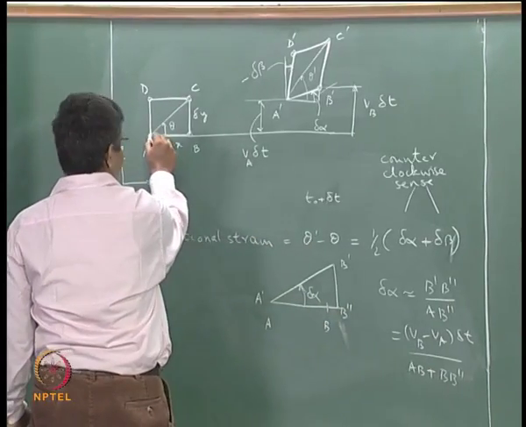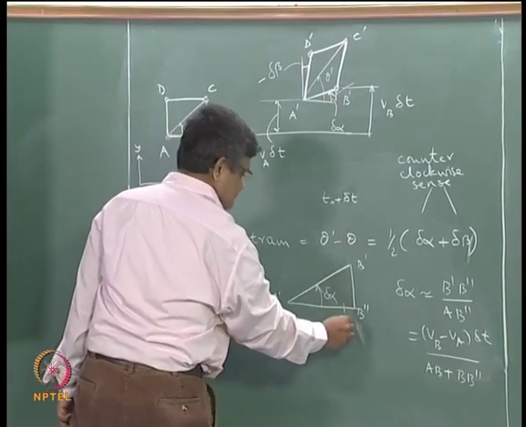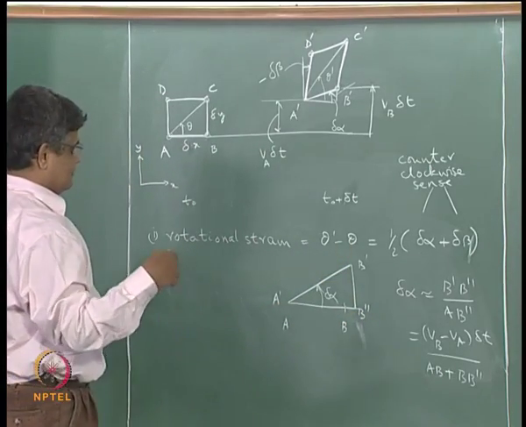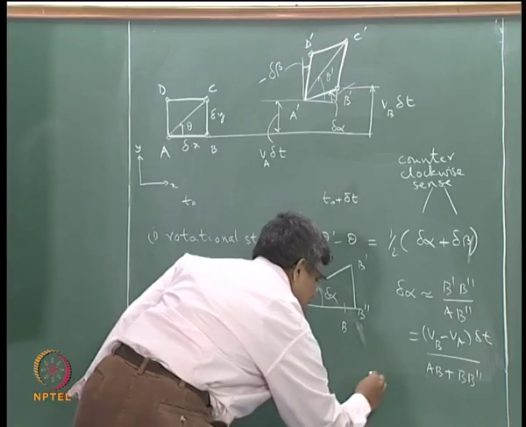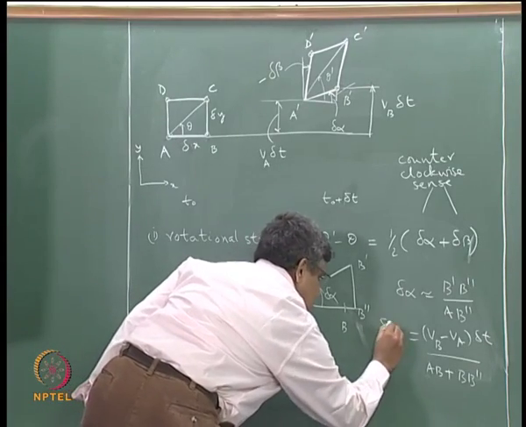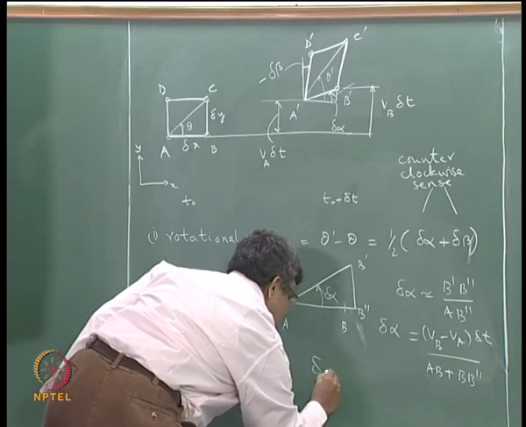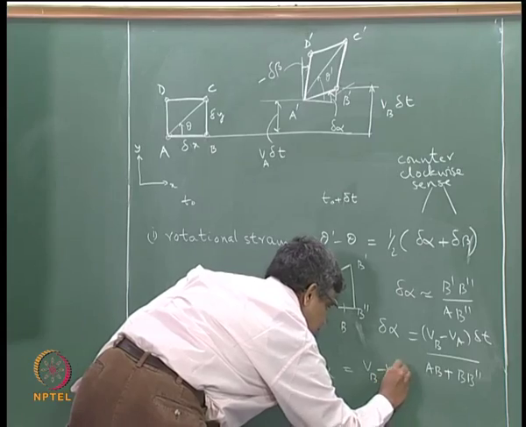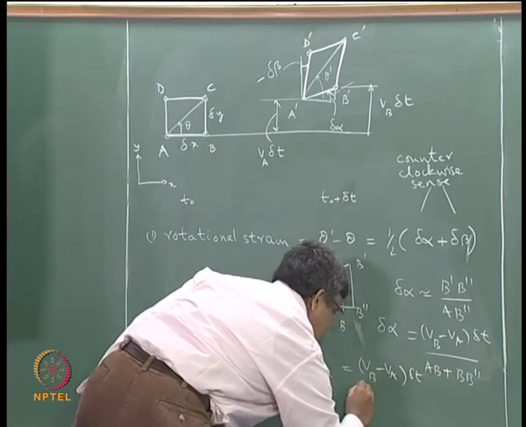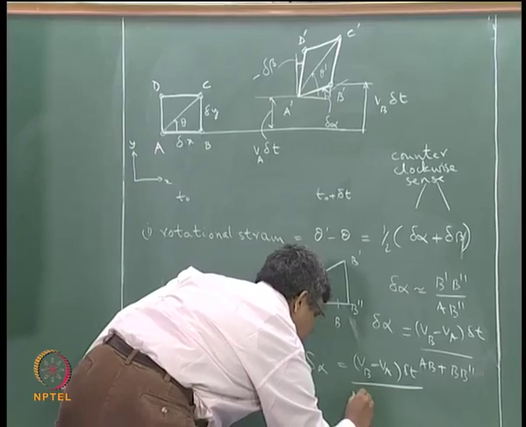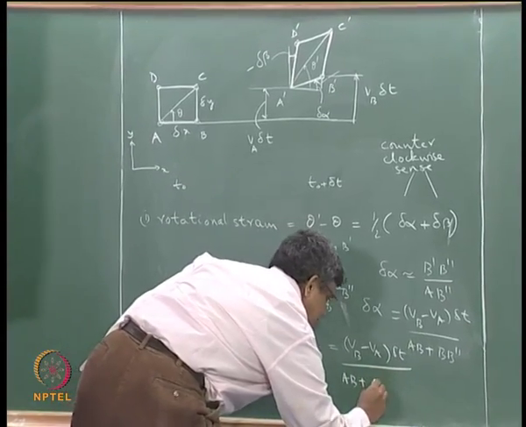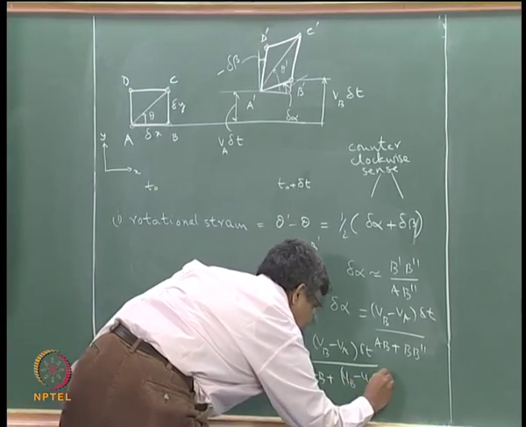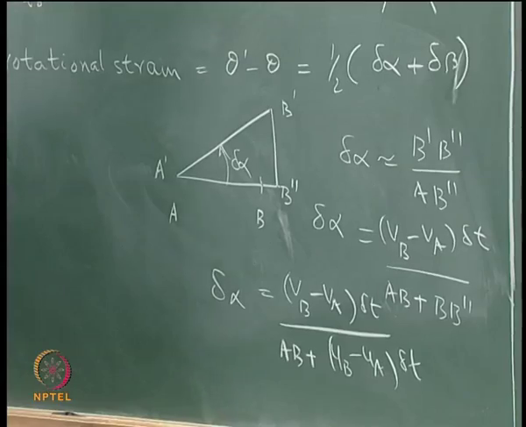It is the distance that B has traveled in the horizontal direction relative to A. So we can write delta alpha as VB minus VA times delta t divided by AB plus UB minus UA times delta t.